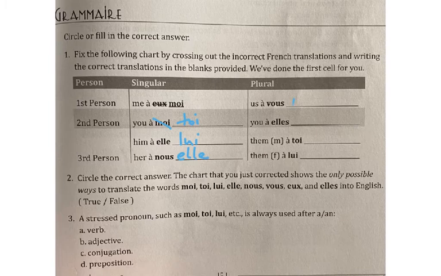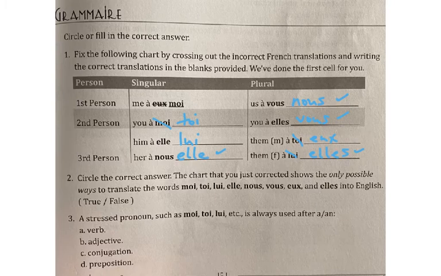It's crazy talk. Nous. You, à elle. Nope. Vous, plural. It stays vous. Look at these ones that stay the same. Elle, nous, vous. Them, masculine, à toi. No, à eux. Them, feminine, à lui. No, bizarre. Elle. Okay, so we have a few that stay the same in stressed form, but just a few.